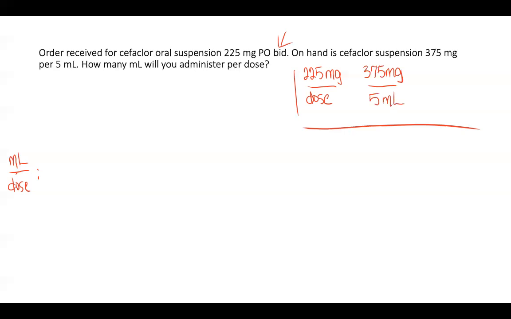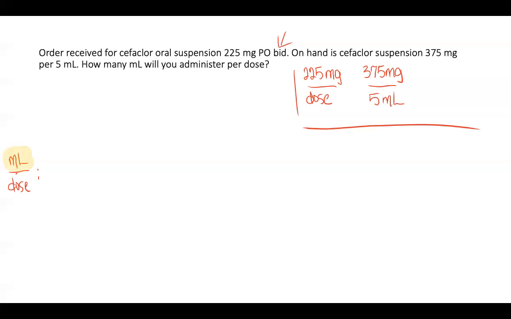So I've put everything in my box. Now I'm going to start solving my problem, starting with what I'm looking for, which is milliliters. Milliliters needs to be the very first thing that I plug into my problem.